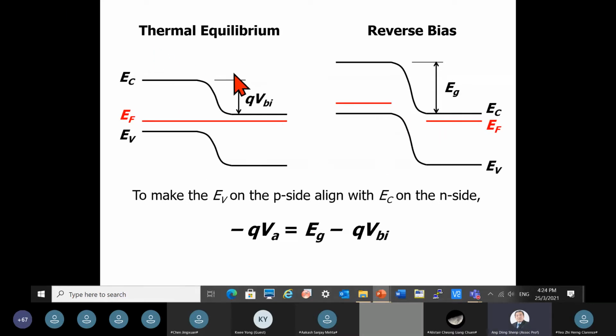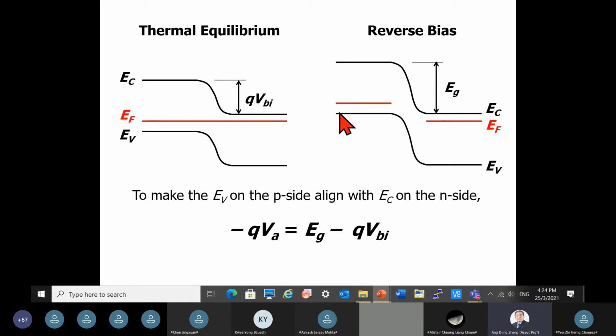Now remember, in the PN junction under thermal equilibrium, the energy band diagram on the P side and the N side are already offset relative to each other due to the presence of the built-in voltage, qVbi, right?